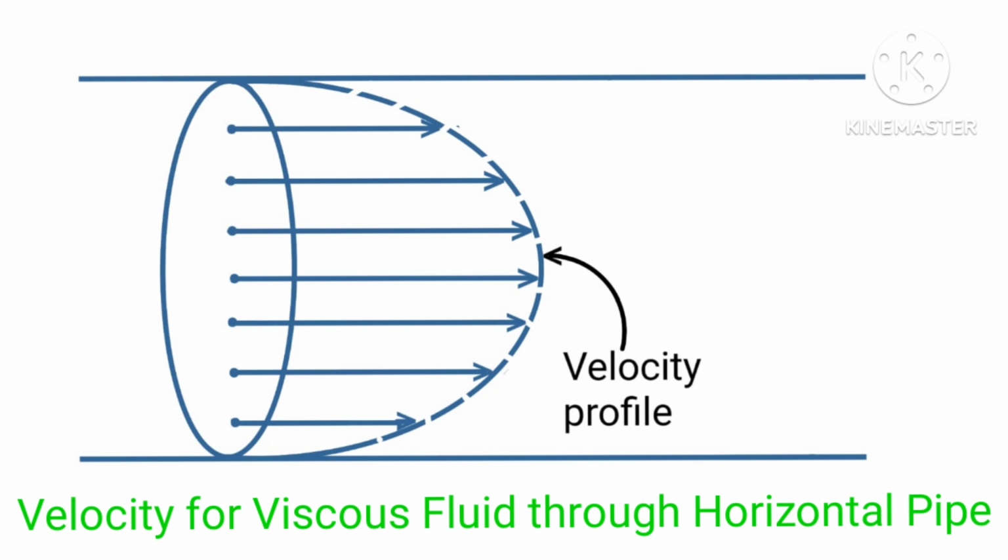So the velocity is different for different particles at the same cross section as shown in the figure. On joining the heads of the velocity vectors for the particles in a section, we obtain a parabolic surface. So the velocity profile for the flow of a viscous liquid is a parabolic surface.